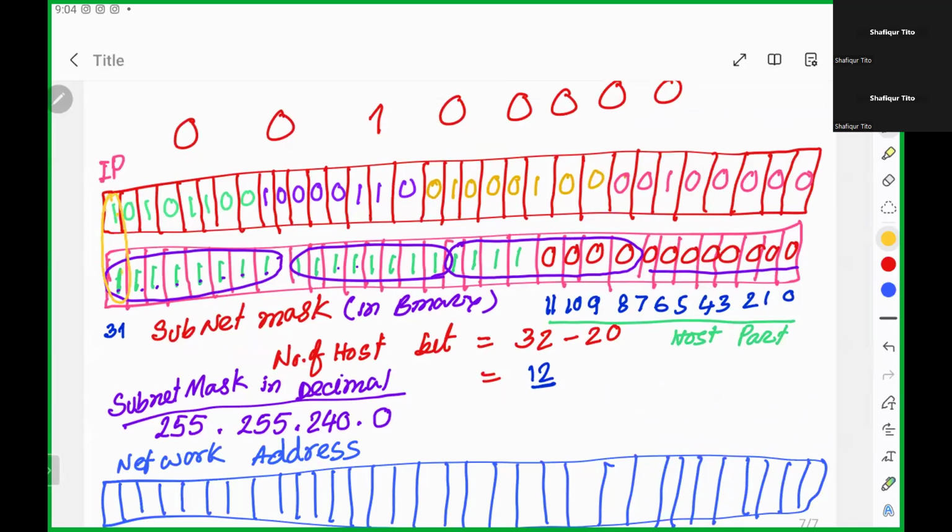So first one, 1 and 1 will give 1. And then the next one is 0 and 1, that will give 0. And then the next one will be 1 and 1, that will be 1. And then this one will be 1 and 0.